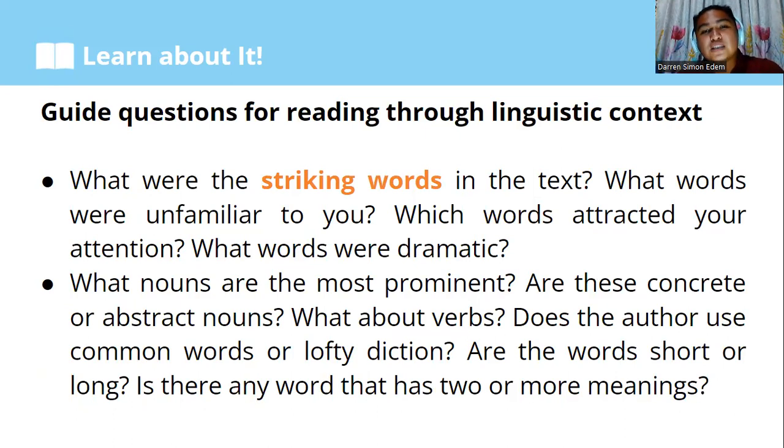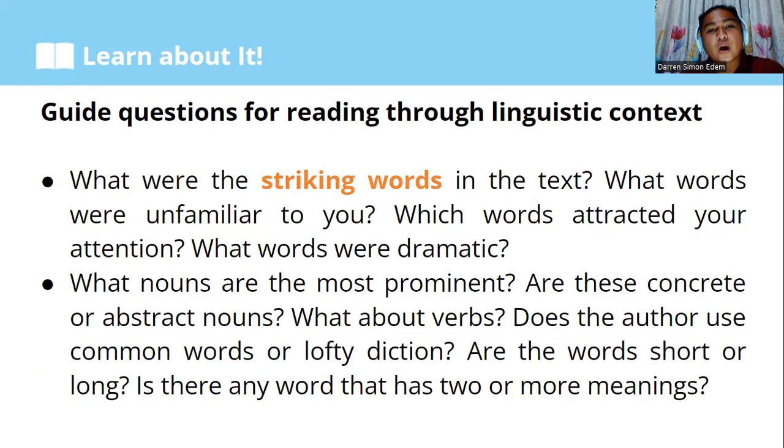First, is there any striking word or striking words that are appealing to you, that are unfamiliar, that attract your attention, or words that are dramatic incorporated in this particular text? Is there any? If there are, then you need to identify those and find its meaning, find how it impacts a particular literary text.